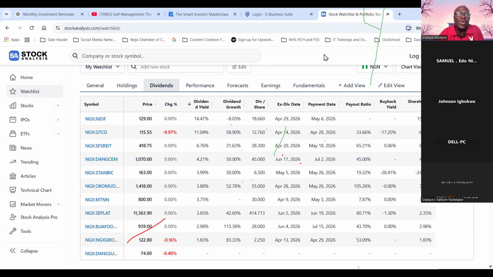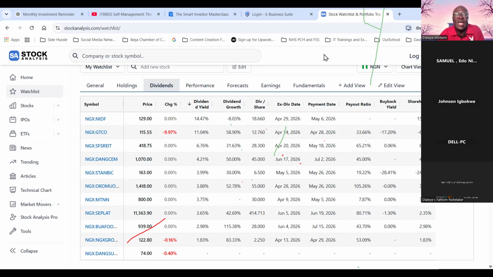Then the price went to 10,000, then 10,450, and before you know it, it crossed 11,000 naira, then 11,300 or something. But now the price has come down again to about 10,300. So you should be buying more of those stocks now, because the price will go up again.